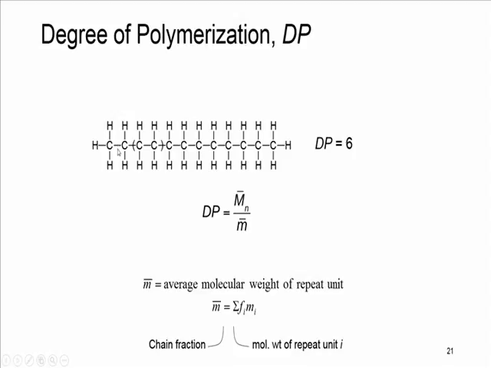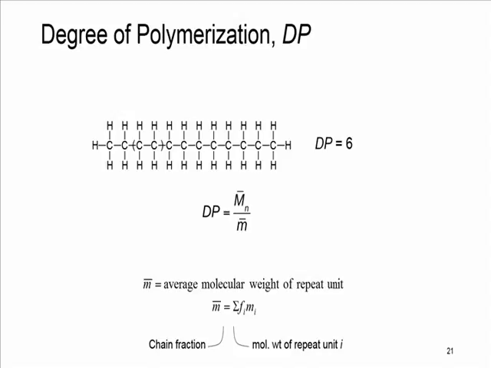If we have only a single chain, of course we can count the number of repeat units. For example, in this polyethylene, you see that there is 1 unit here, 2, 3, 4, 5, 6 units. So the number of repeat units for this chain is 6.